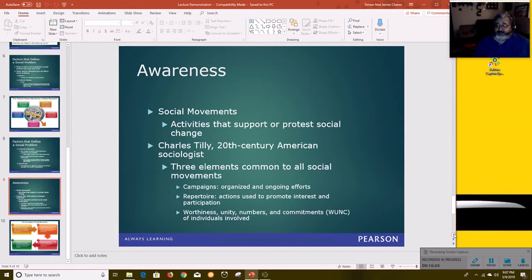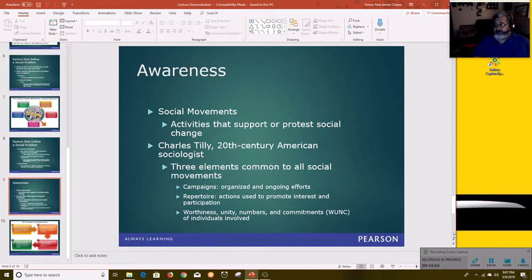Repertoire is actions used to promote interest and participation. They recruit, they get more people. Of course, advertising on Facebook, they can say, we're going to hold a rally, please come on this day. I know this is something they've done recently with women's movements, hashtag Me Too, things like that. For equal pay, whenever there's going to be a demonstration, they'll post it on Facebook.